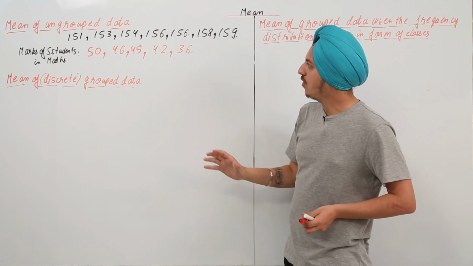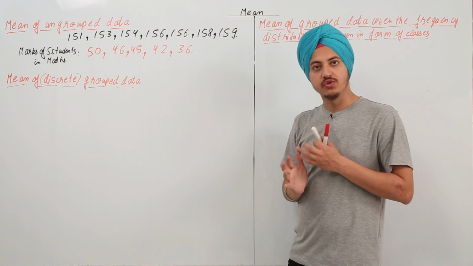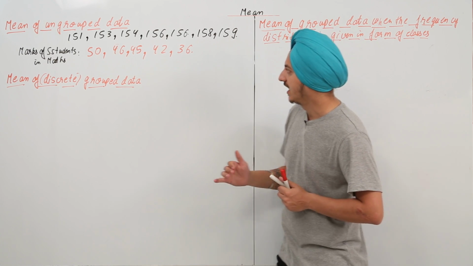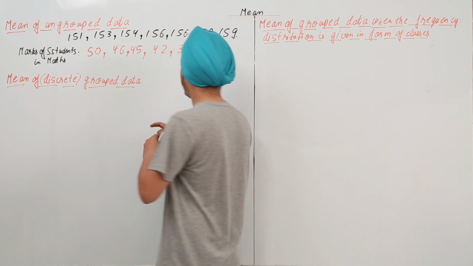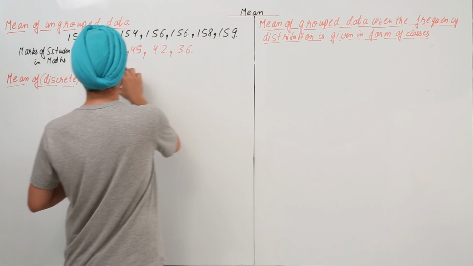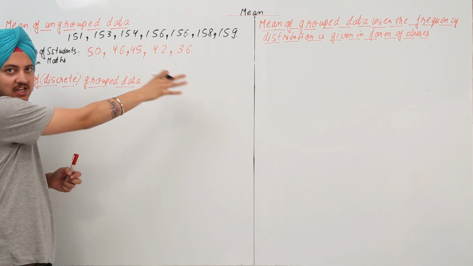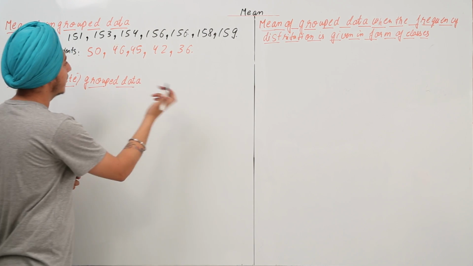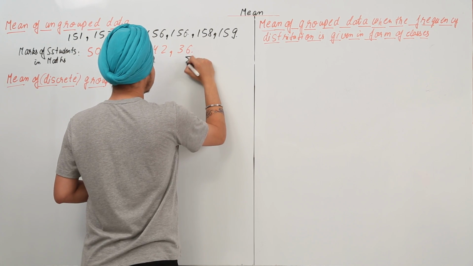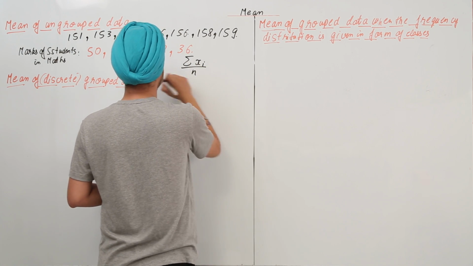Now how to calculate the mean of an ungrouped data: the formula is that we just add all of these and divide them by the number of observations we have. The formula for it is summation xi upon n.